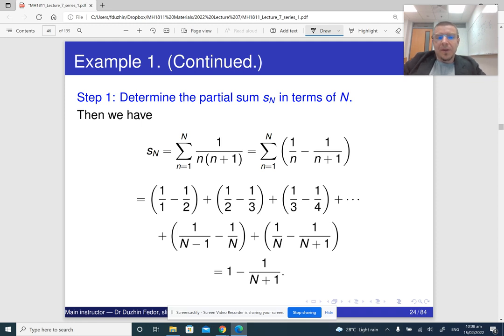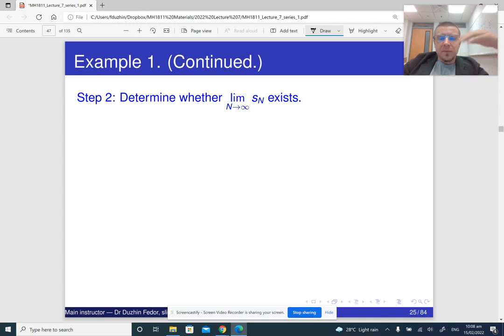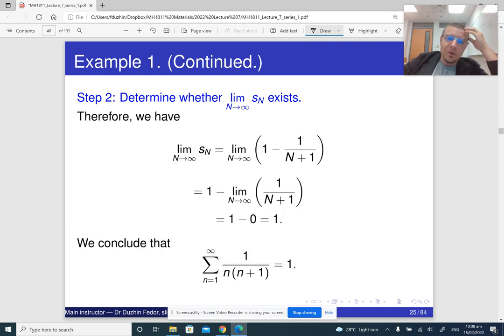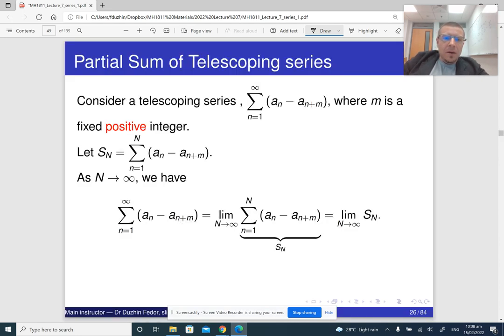And here is the equation that I just derived. And the last step is to find the limit by just taking the expression for Sn and finding its limit as n goes to infinity. And here the limit is 1. So which means that the sum of the infinite series is 1. All right.